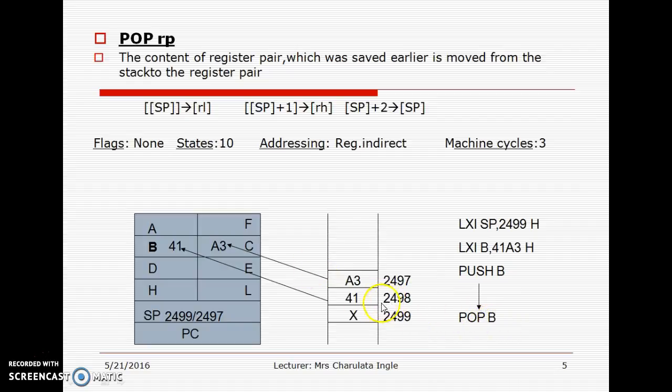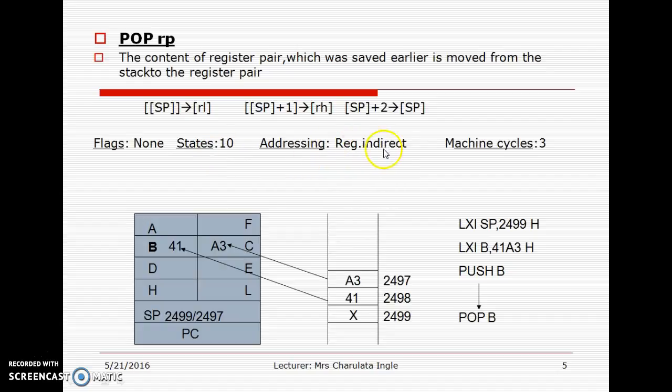The stack pointer, which is now 2497, its content will be stored in the lower order register, that is C, and then the stack pointer is incremented by 1, and the content of stack pointer plus 1 will be loaded in the higher order register, that is B. So after execution of POP B, we will have 41 in register B and A3 in register C. Again, after execution of this instruction, none of the flags is affected. The states required to finish this operation are 10.